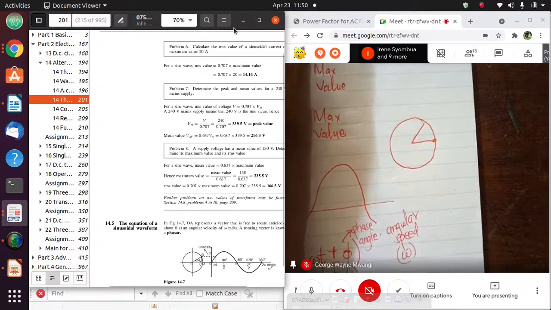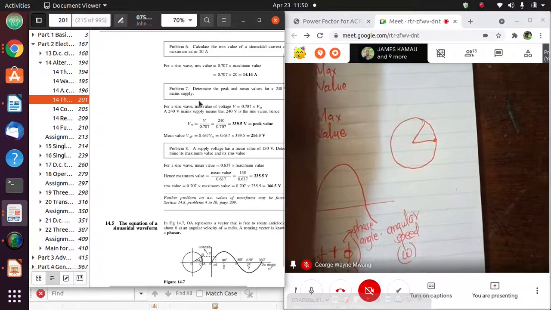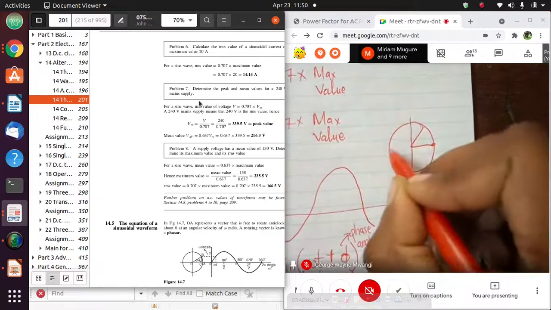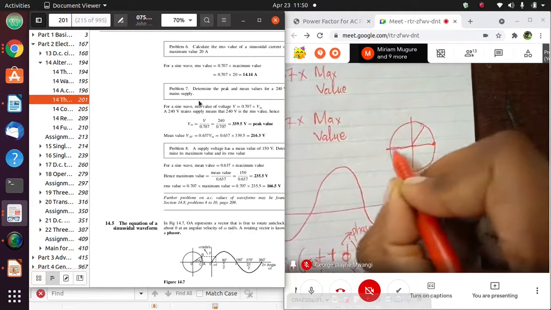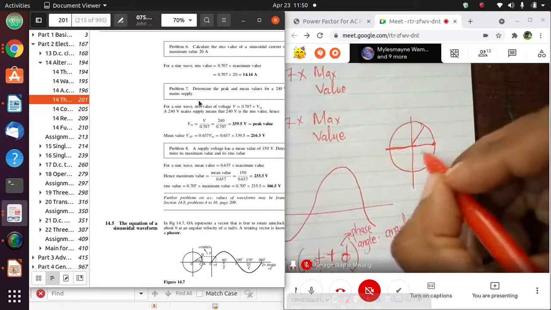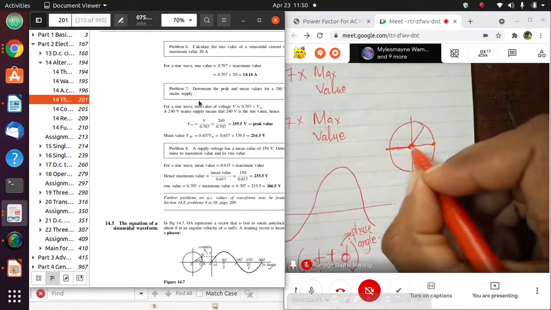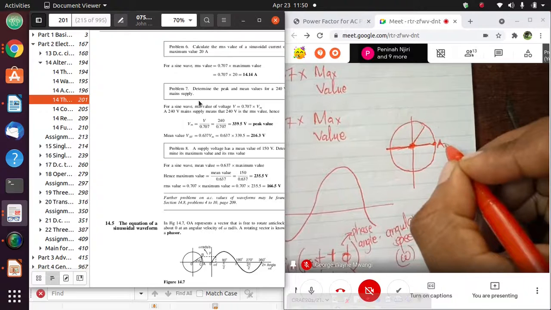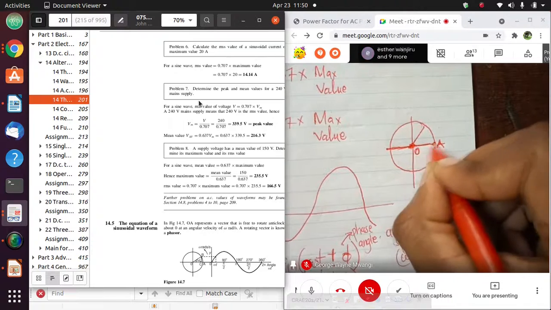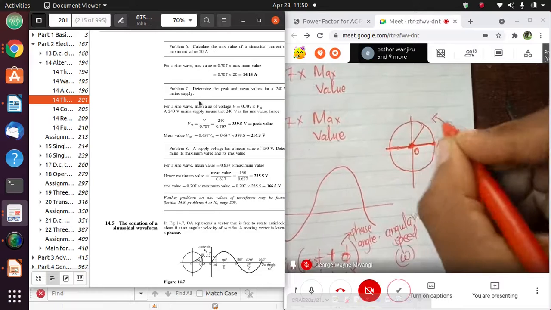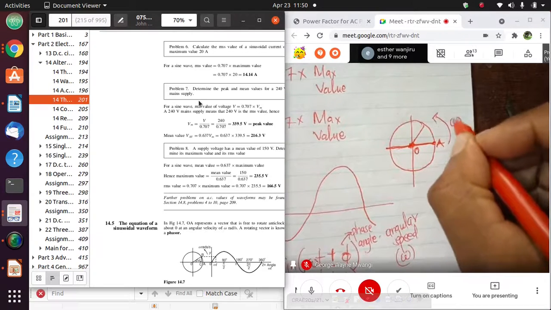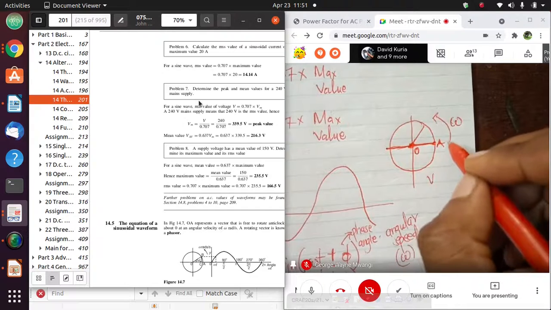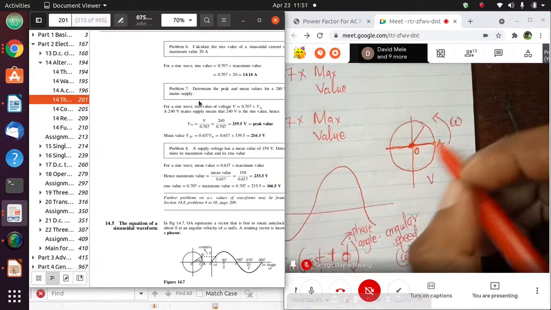Iko na value na iko na direction. Now remember our alternating current is rotating. If I represent it as a vector, ni kumaanisha kwamba this OA, this value OA ina rotate anticlockwise at an angular speed omega. Tumezoea ile speed ya kawaida v. But now when I talk about angular speed, it is the speed of a rotating object about an axis.